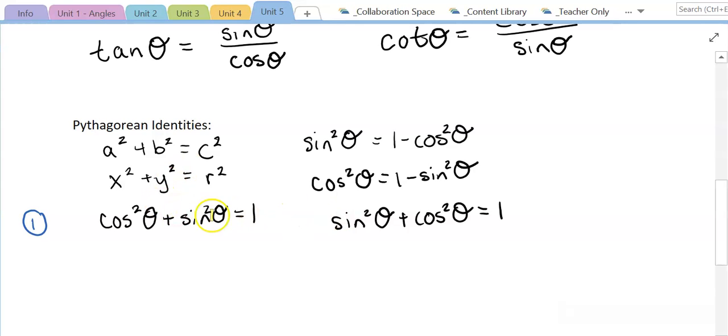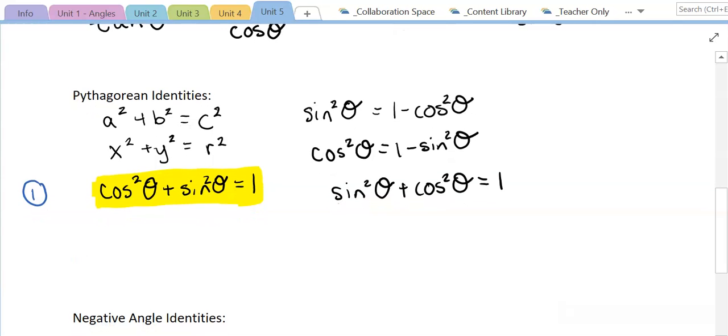And we actually take this Pythagorean identity and we create additional Pythagorean identities using different trig functions. So if we wanted to create another Pythagorean identity, let's think of a way that we could get a tangent. So let's say we want a tangent somewhere in our trig function.